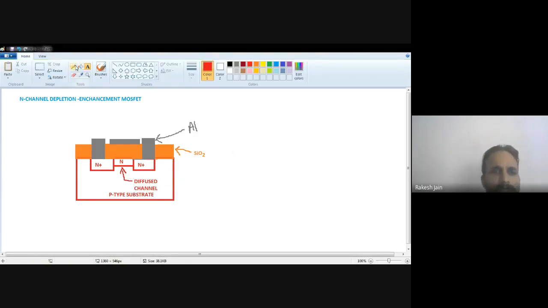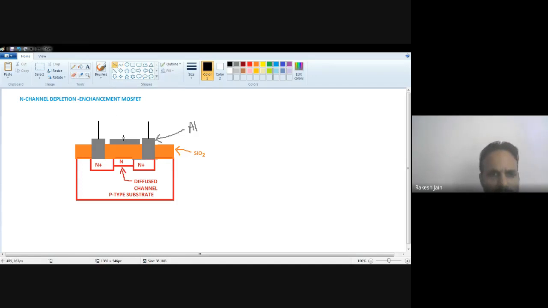And now the output terminal names. So the middle terminal name is gate, the left hand side terminal here is your source, and the right one is your drain. So three terminals will be taken out: drain, gate and source.